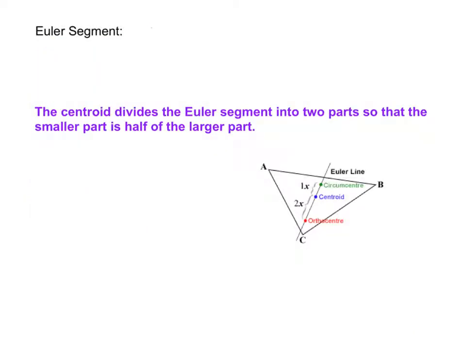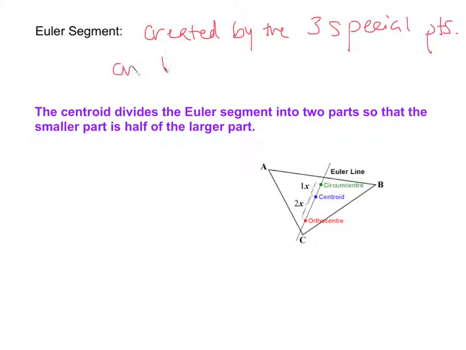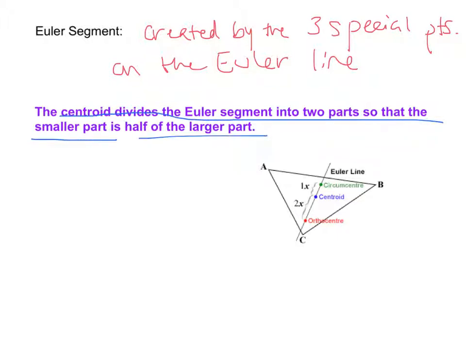The Euler segment is created by the three special points on the Euler line, and there's a conjecture about the Euler segment that the centroid divides the Euler segment into two parts, so that the smaller part is half the larger part.